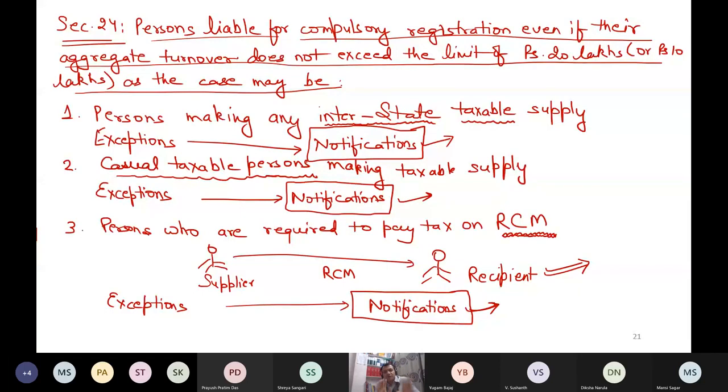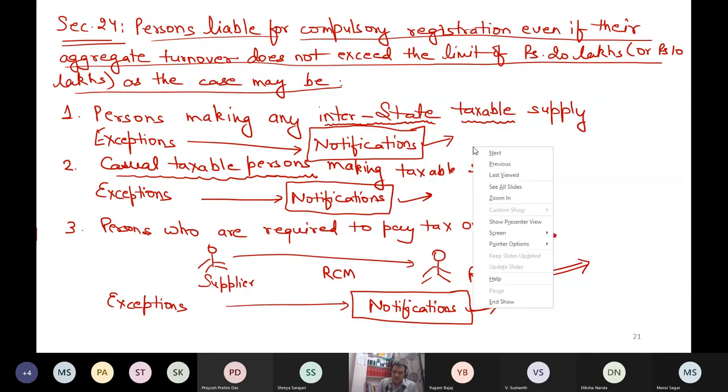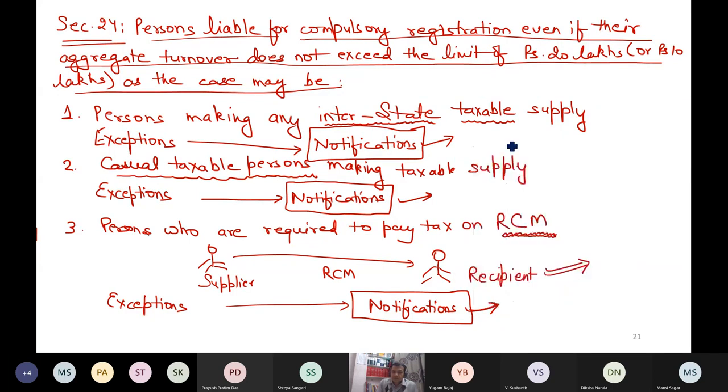That will complete the topic of 23 also. So right now, whatever of 23 we have covered, it is around 70% complete. The remaining 30% will be complete when I discuss 23 along with 24, because these notifications are still left to be discussed. I cannot say that right now 23 is 100% complete. I need to discuss these notifications. These are issued under section 23, subsection 2.